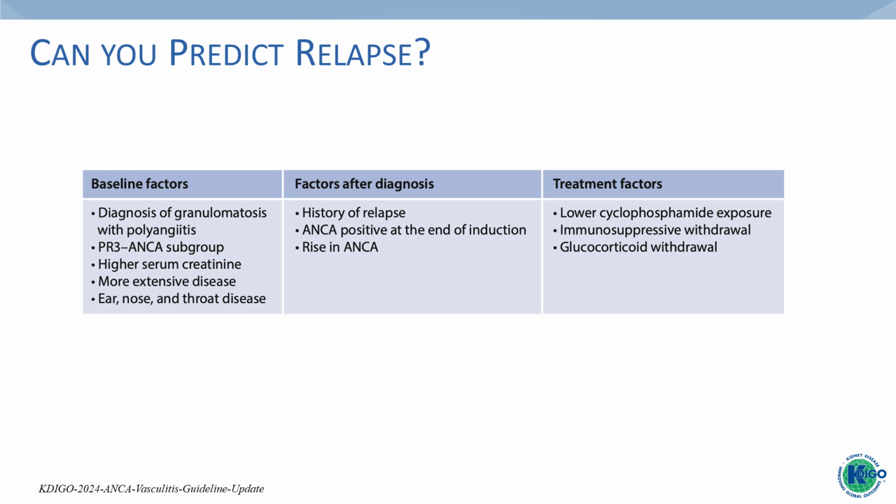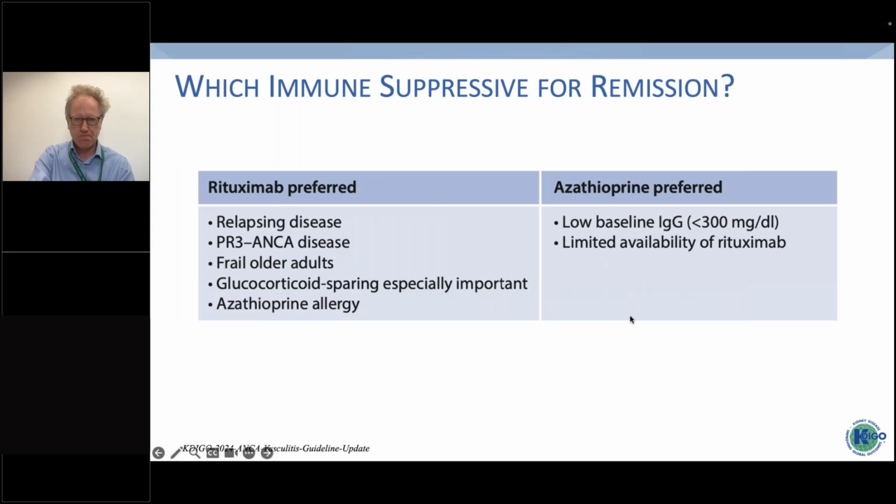Then after the diagnosis, if a patient's had 1 relapse, they're much more likely to have another. And if they're ANCA positive at the end of induction therapy, or if the ANCA was negative and becomes positive, that is strongly linked to subsequent relapse, especially if they're being treated with rituximab. And then there are other factors related to treatment, such as lower cyclophosphamide exposure, stopping the immunosuppressive, or stopping steroids.